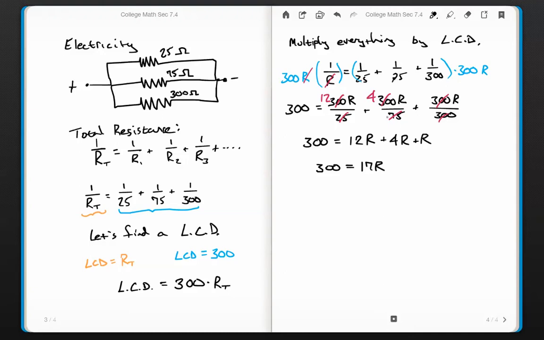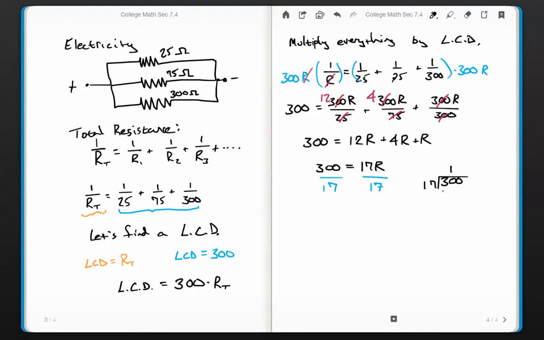And now to undo that multiplication, I'm going to divide by 17. Divide by 17. And now that one is a little hard to do in my head, so I'm just going to do it out. 300 divided by 17.